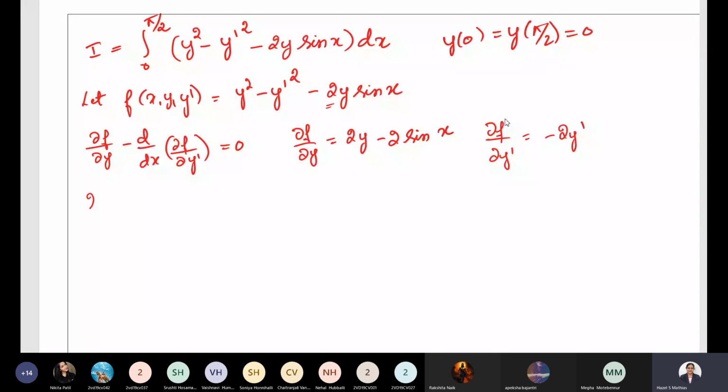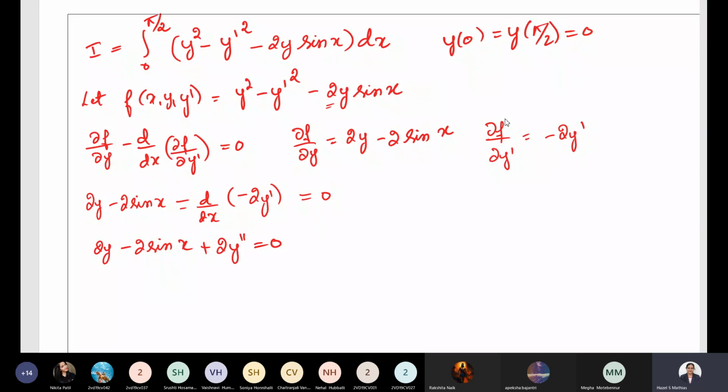Let's substitute in the Euler's equation. Dou f by dou y is 2y minus 2 sin x, minus d by dx of dou f by dou y dash, which is minus 2y dash, that is equal to 0. Simplify this. 2y minus 2 sin x, this minus and this minus will become plus d by dx of 2y dash, which is 2y double dash, equal to 0.